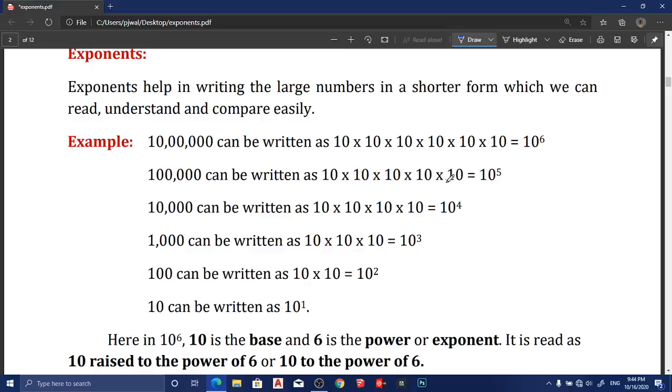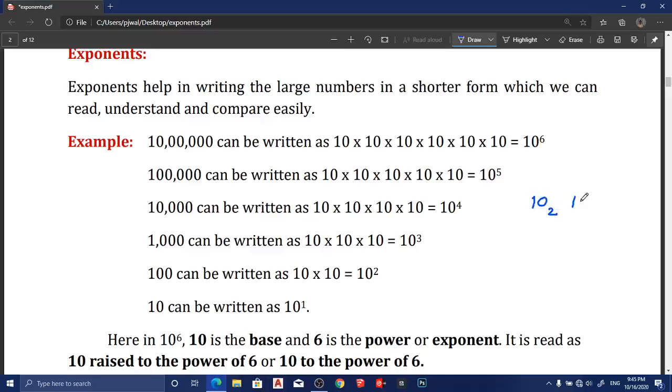Here 10 raised to the power of 5. You are multiplying 5 times here. How many times are you multiplying here? 5 times. So that's why you can write 5 as the power of this number. You are writing this number on the upper side, nothing but the superscript of the number. If you write this number on the downside, that is called the subscript.